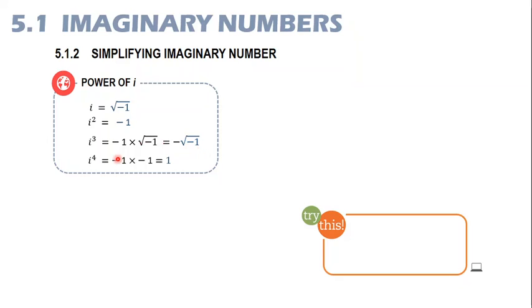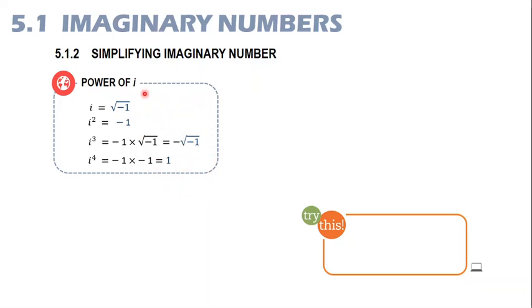Okay, i kuasa 4 pula ialah i kuasa 2 darab dengan i kuasa 2. i kuasa 2 adalah negatif 1 darab dengan i kuasa 2 negatif 1. So negatif darab negatif akan dapat positif 1. This is the concept of power of i. If we continue to i to the power of 5, kita akan dapat i kuasa 4 darab i. i kuasa 4 adalah 1 dan i kuasa 1 ialah square root of negative 1.